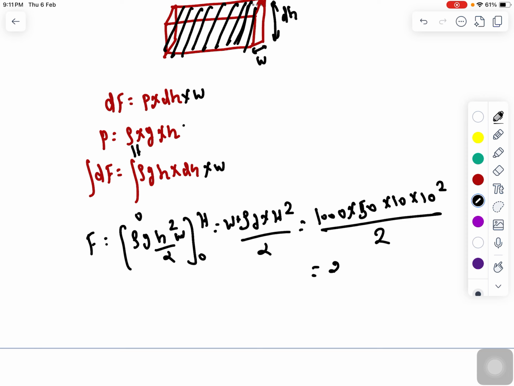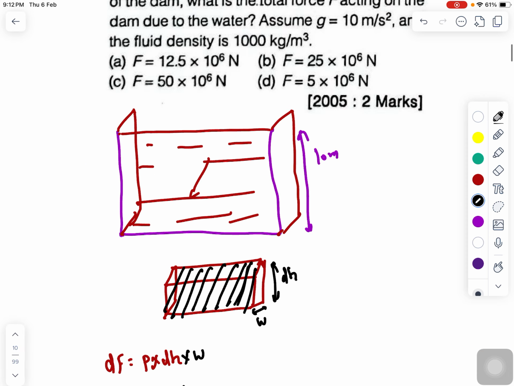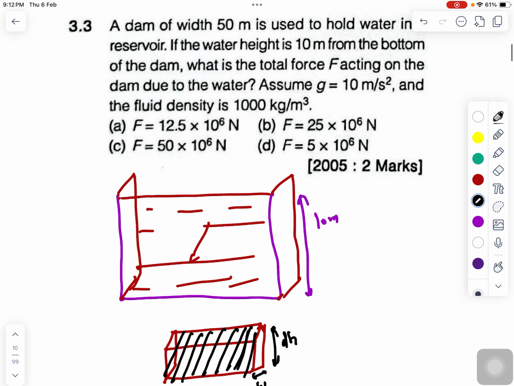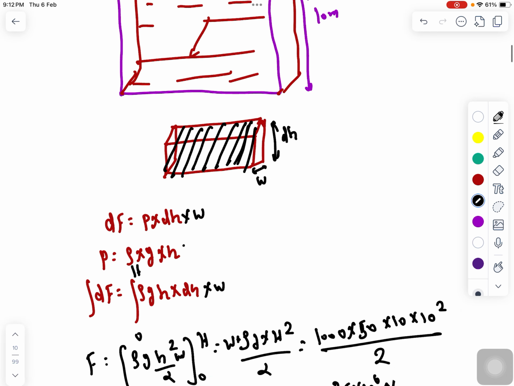Once you do the calculation, you will get 10 into 10 to the power 6 Newton. That much force is being applied by the water on the dam, so option B will be your correct answer.